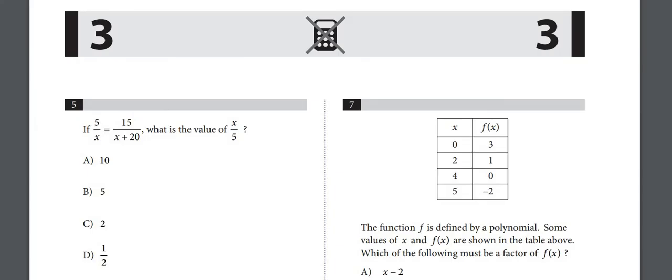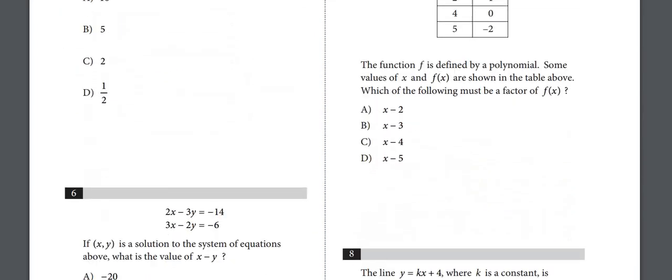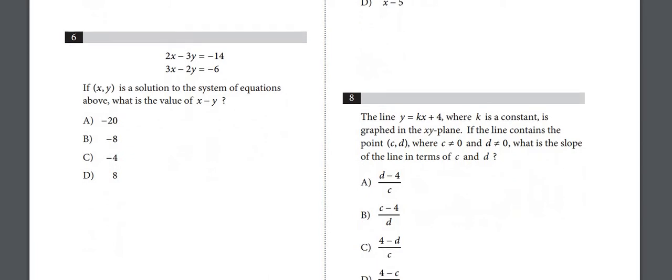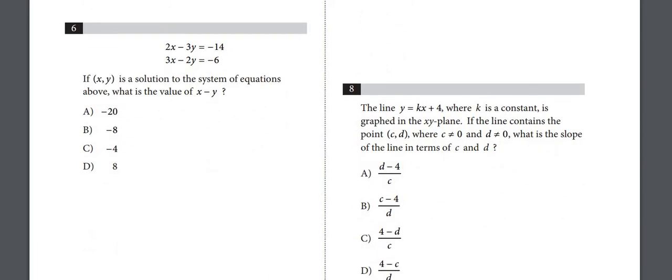Alright, let's move on to the next question, which is question 6. Alright, so given 2x minus 3y equals minus 14, that's one equation in x and y. And then the second equation is 3x minus 2y equals minus 6.